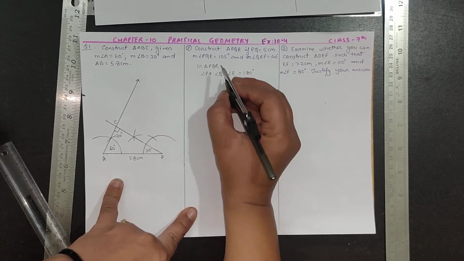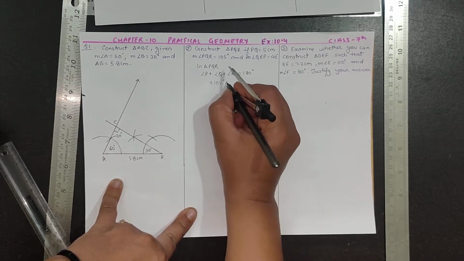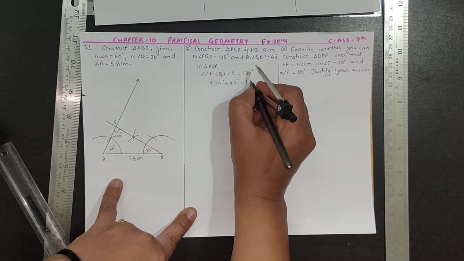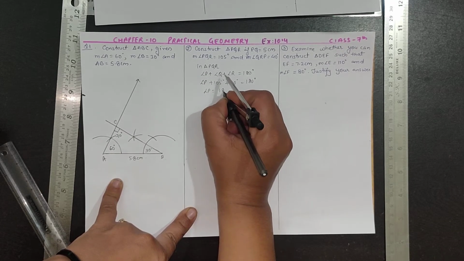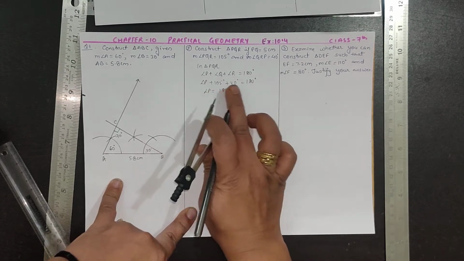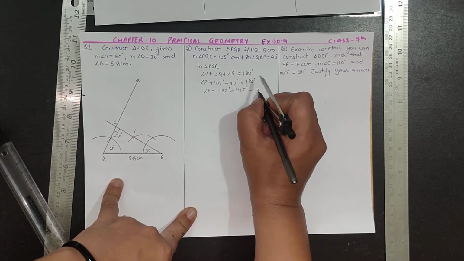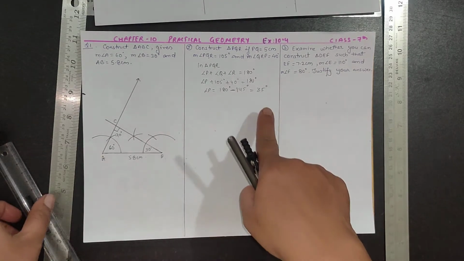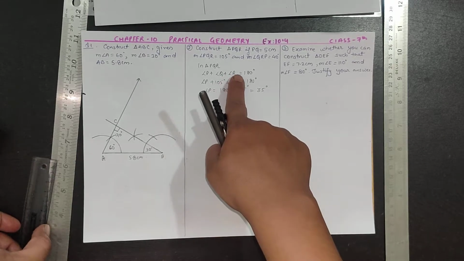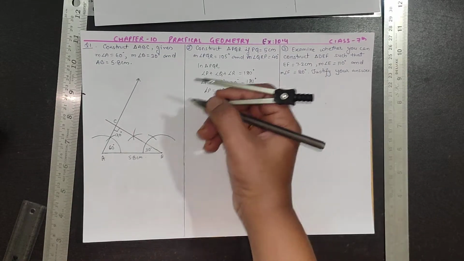Angle Q is given 105, angle R is given 40 degree. So what would be angle P? Angle P is equal to 180 minus (105 plus 40), which is 180 minus 145, equal to 35 degree. So with this we got the third angle also. Angle Q and angle R are given, and angle P we got by using this property.